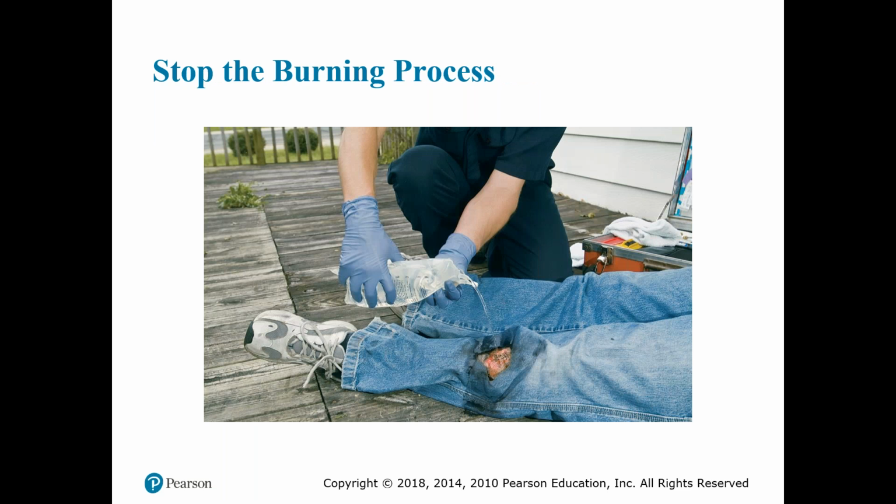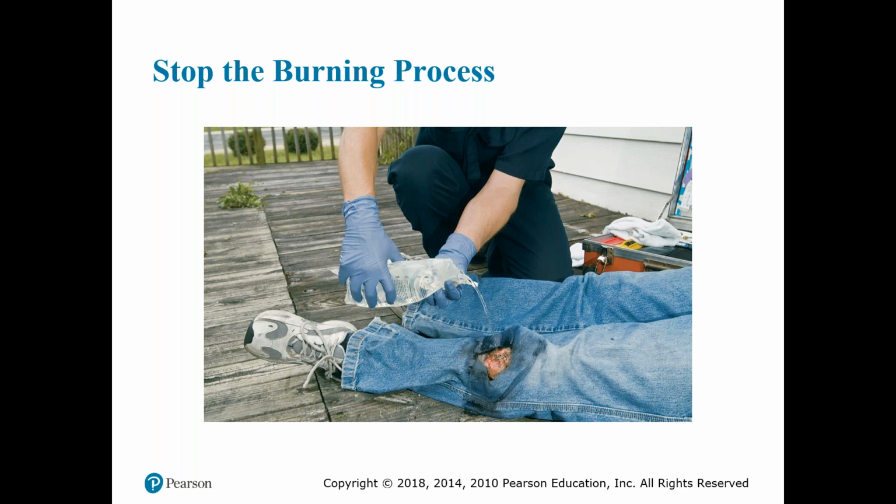So stop the burning process. Go ahead and remove the clothing around that and immediately start cooling the patient's burn. This is a small area. I'm willing to bet that we could probably cover up that burn with two of the patient's hands, so that's going to be 2%.